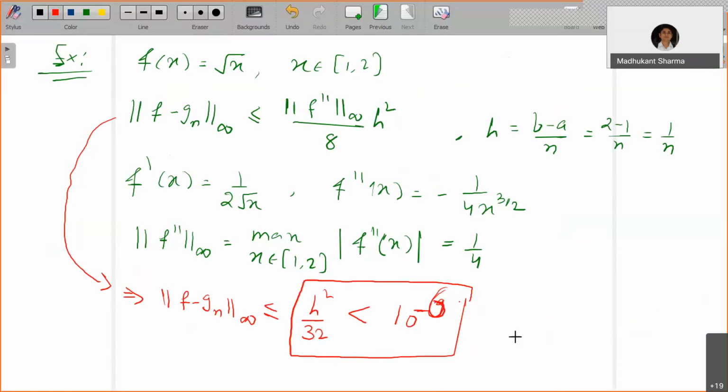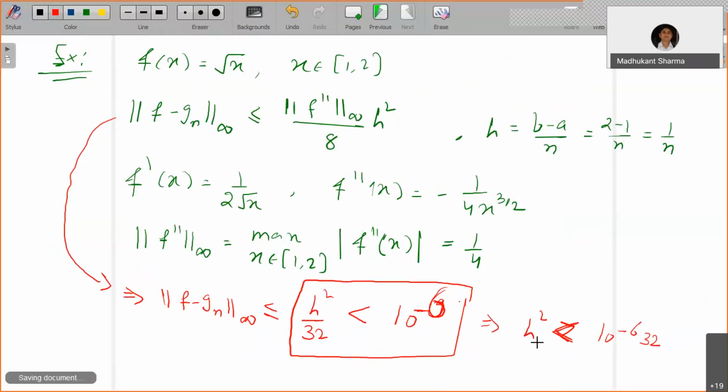So this implies h squared is less than 10 to the power minus 6 times 32.